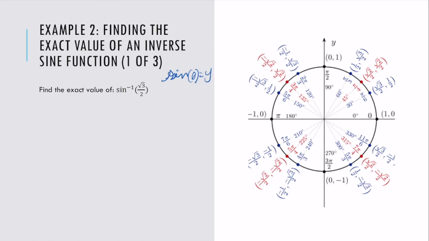So where's the y output square root of 3 over 2? Well, that's right here at pi over 3, or 60 degrees. So sine inverse of the square root of 3 over 2 is pi over 3, because sine of pi over 3 is the square root of 3 over 2.